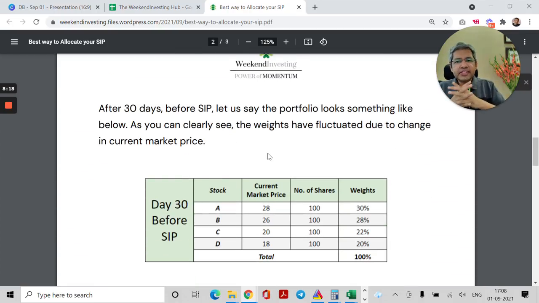Now, let's say after 30 days, before the SIP, the portfolio looks like this and the weights have fluctuated. Stock A instead of 25% is now at 30% weight, stock D is at 20%, stock C is at 22%, stock B is at 28%. Suppose this is now the makeup of the portfolio.